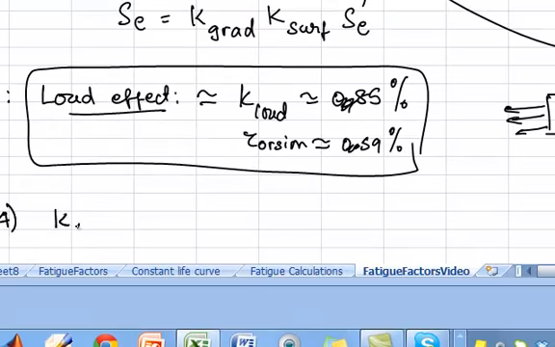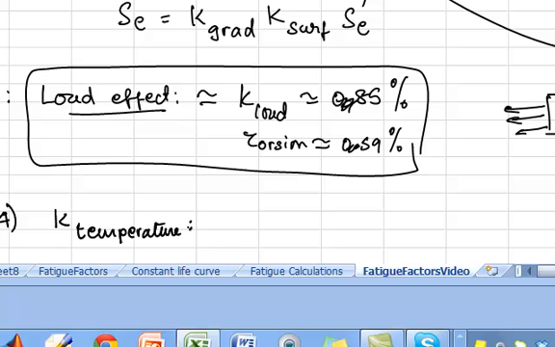So the last one is K temperature. Now this is one of the few things where if it is a hot object, fatigue will be less important. Think of it this way. When it gets colder, the material becomes more brittle, more prone to fatigue.